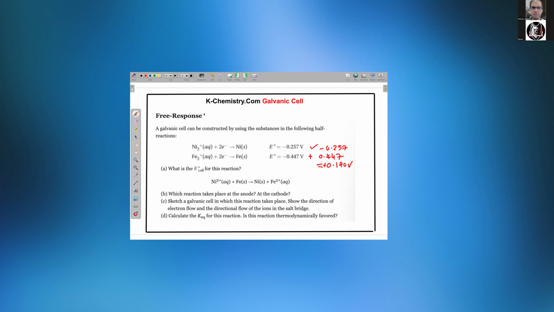No, it's not a math mistake. What did he do wrong? He did not flip the right one. So for reduction here, he said negative. It's very weird. Zero two three.